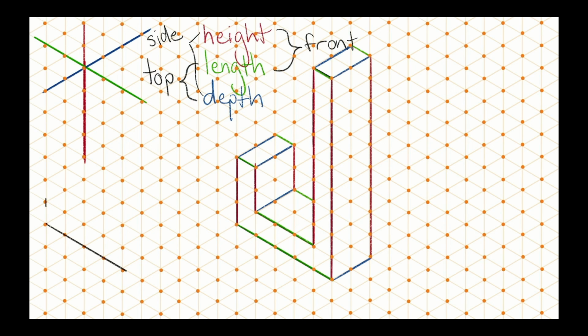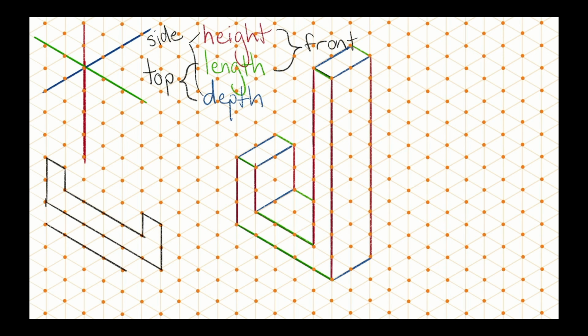So if I'm starting right here, when I get to the first one, that's 1, 2, 3, 4, 5, 6. I go up 1, 2, go over 1, go down 1, go over 1, 2, 3, 4, go up 1, go over 1, go down 2.